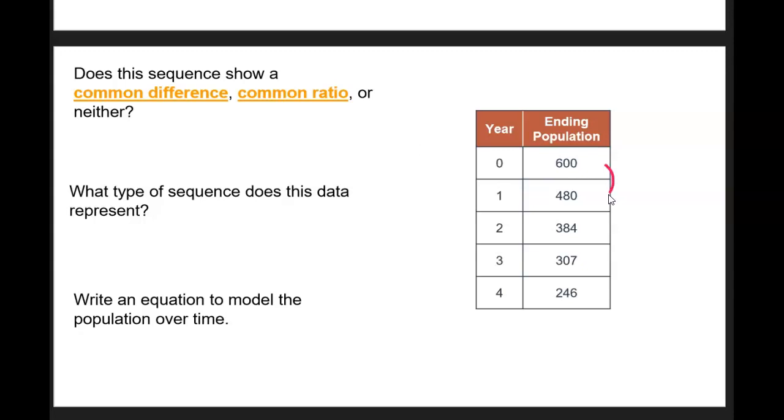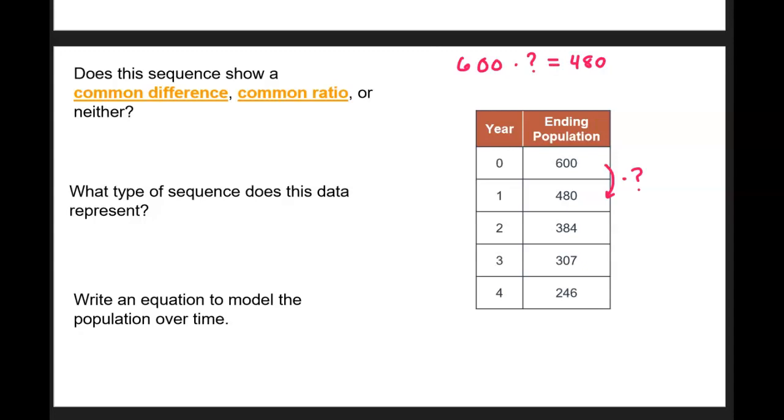Well, basically, we'd have to figure out, is there something we're multiplying by here to get 480? How would we know what to multiply to get 480? Well, maybe we could set it up like this. 600 times something equals 480.